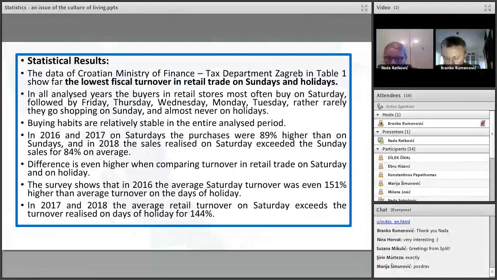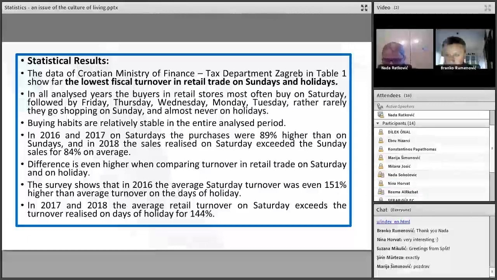Here I will tell the results. The data of the Croatian Ministry of Finance show by far the lowest fiscal turnover in retail trade on Sundays and holidays. In all analyzed years, buyers most often buy on Saturday, followed by Friday, Thursday, Wednesday, Monday, Tuesday.